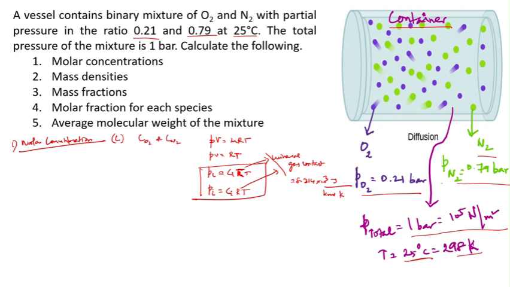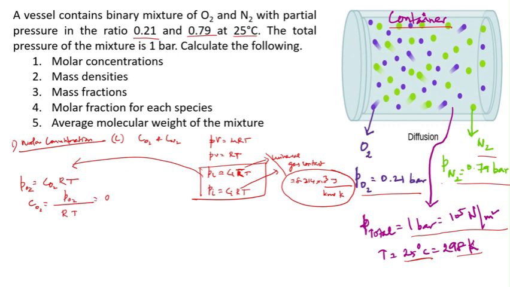So this is the universal gas constant value. Using this equation, we are going to find the molar concentration. P of O2 is equal to C of O2 into R into T. We are going to find C of O2, which is equal to P of O2 divided by the universal gas constant times the temperature.